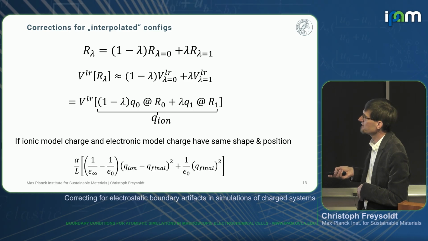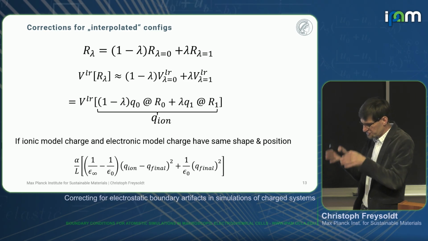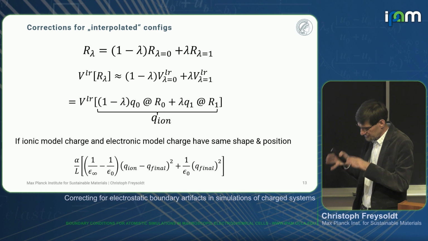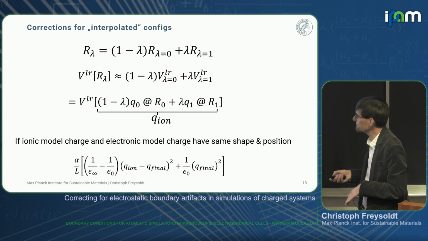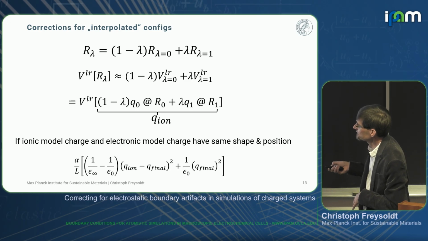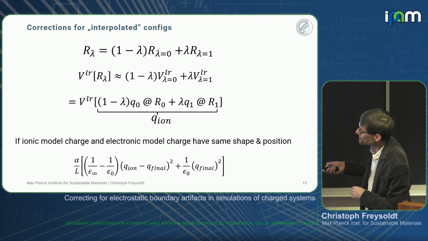If we put everything together and assume that the shape of the charge of the ionic part of this first part and the electronic part is the same, we get a very, very simplified formula which has two key ingredients. That's the correct one over lattice constant scaling. This here is more or less the traditional charge correction, now taking the final states as the charge.